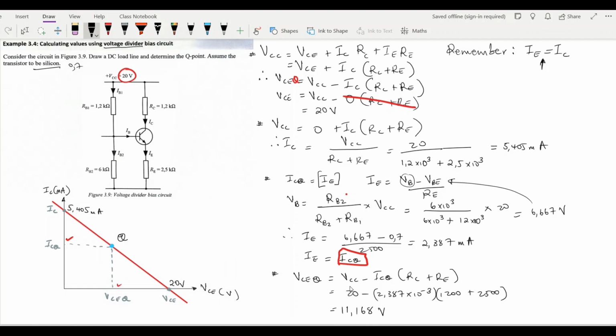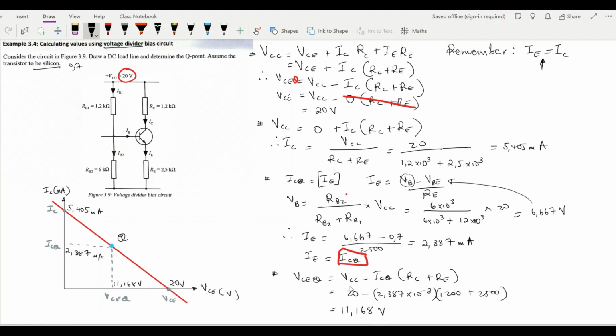Now, look at this. We have identified all the values here. You see, ICQ would be 2.387 milliamperes, whilst VCEQ will be 11.168 volts. That is exciting.